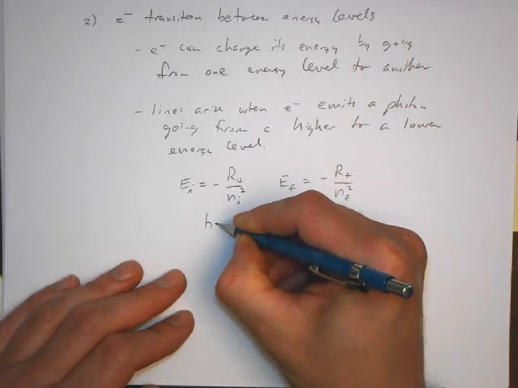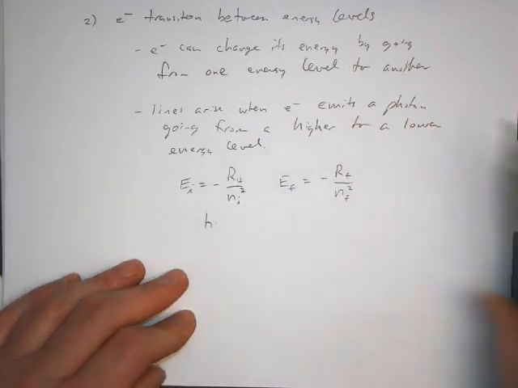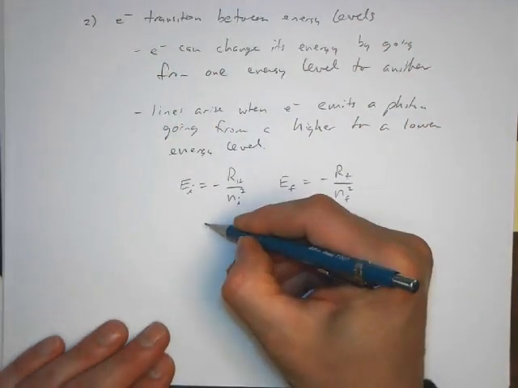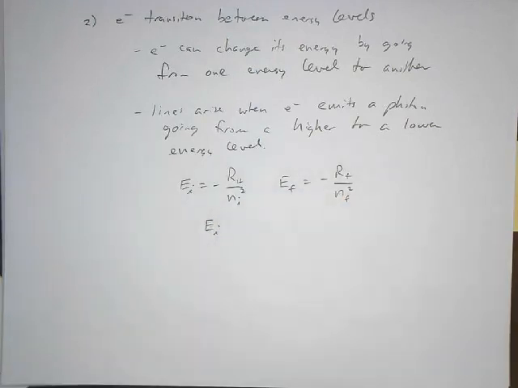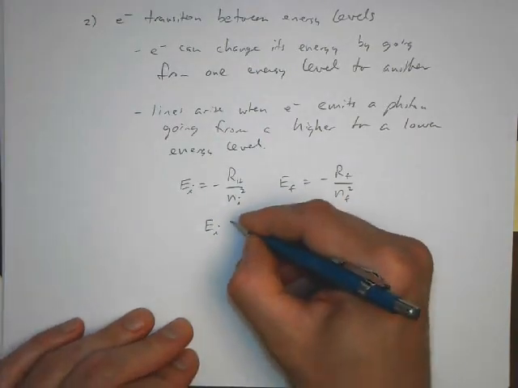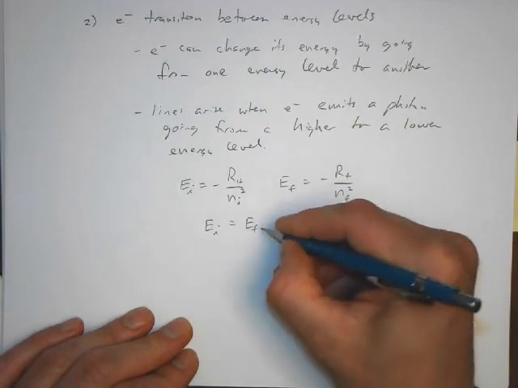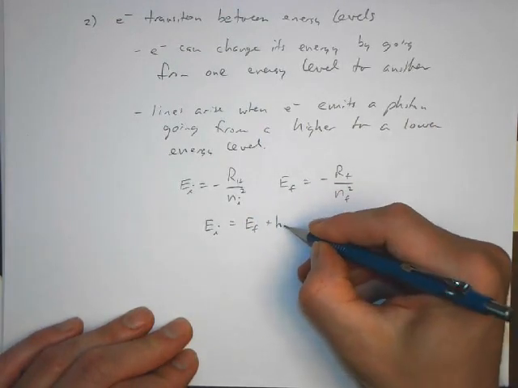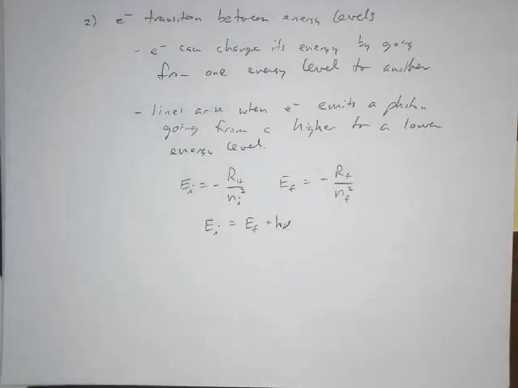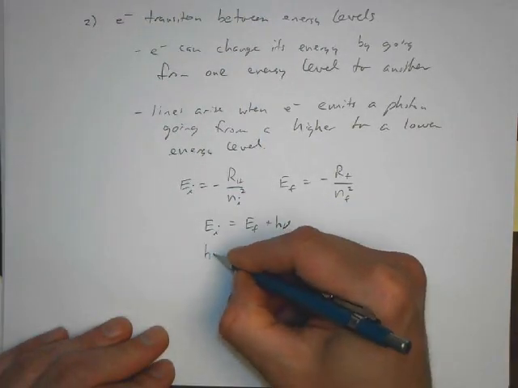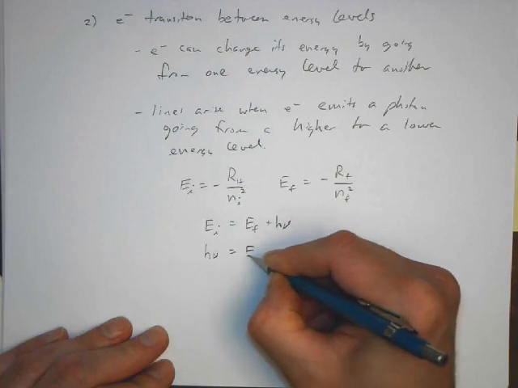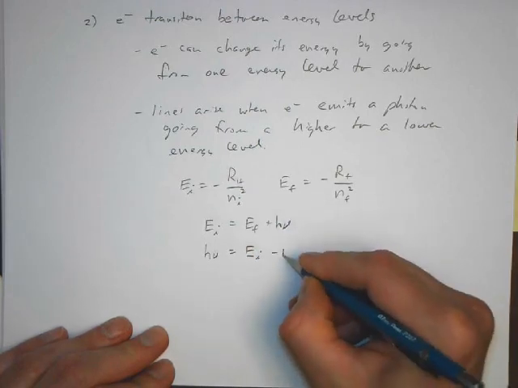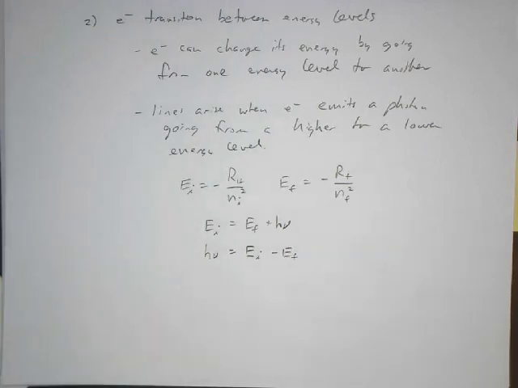Well, we know that the initial energy level is going to be equal to the final energy level plus the energy of the photon that was emitted. So if a photon is emitted, its energy would be equal to the initial energy level minus the final energy level.